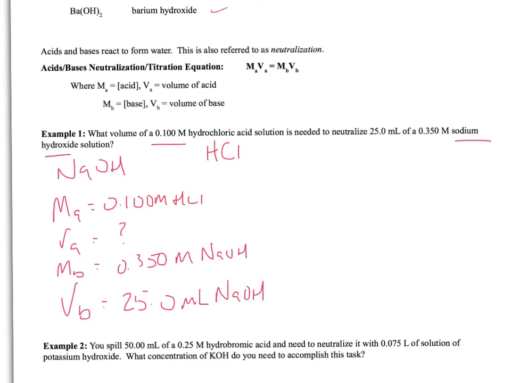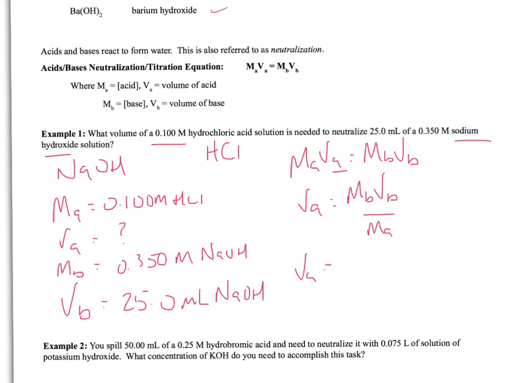Then we're just going to solve our problem. MAVA is equal to MBVB, and we're solving for VA. We isolate that, so VA is equal to MBVB over MA, and we solve that.